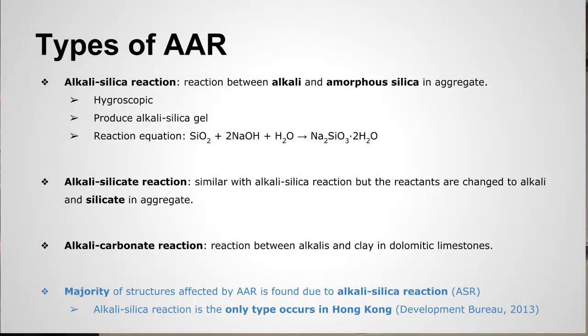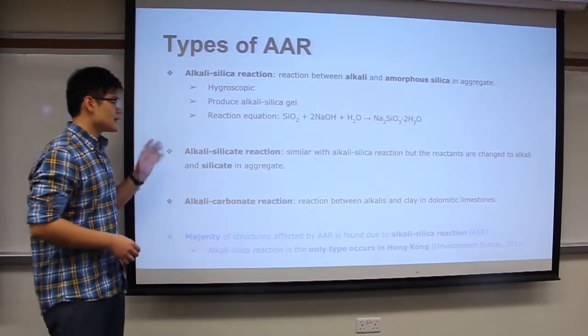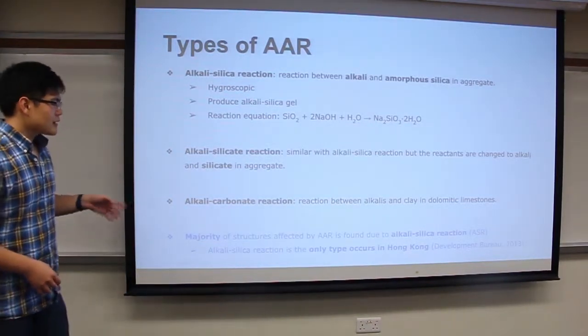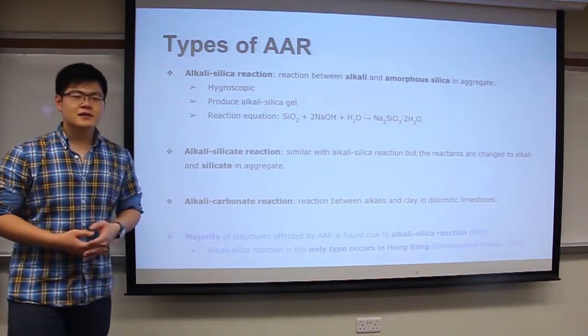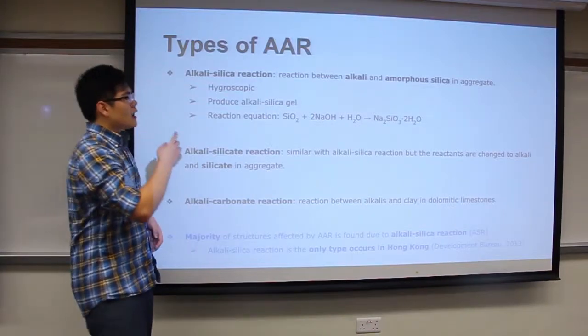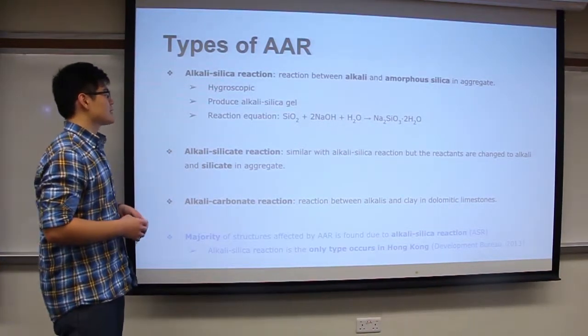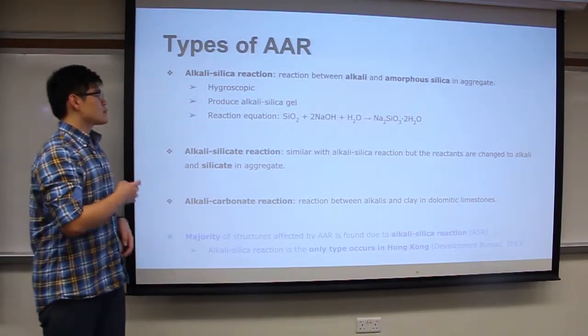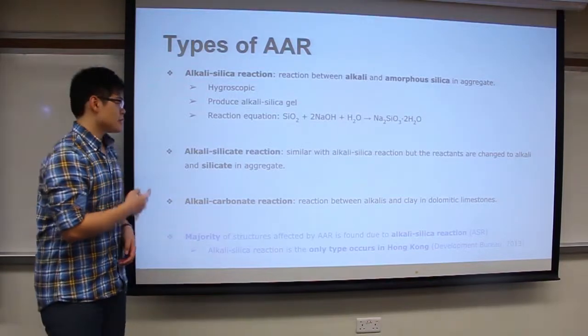And there are three types of AAR: alkali silica reaction, alkali silicate reaction and alkali carbonate reaction. Alkali silica reaction is a reaction between alkali and amorphous silica in aggregate, which is hygroscopic and will produce alkali silica gel.